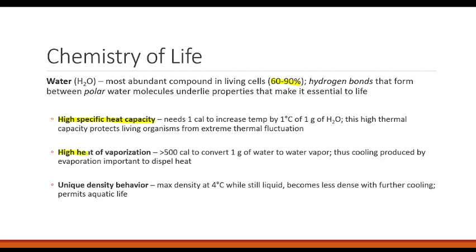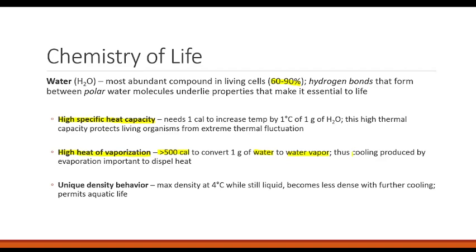In relation to that, water also has a high heat of vaporization. There's a lot of energy, more than 500 calories, needed to convert liquid water to water vapor.